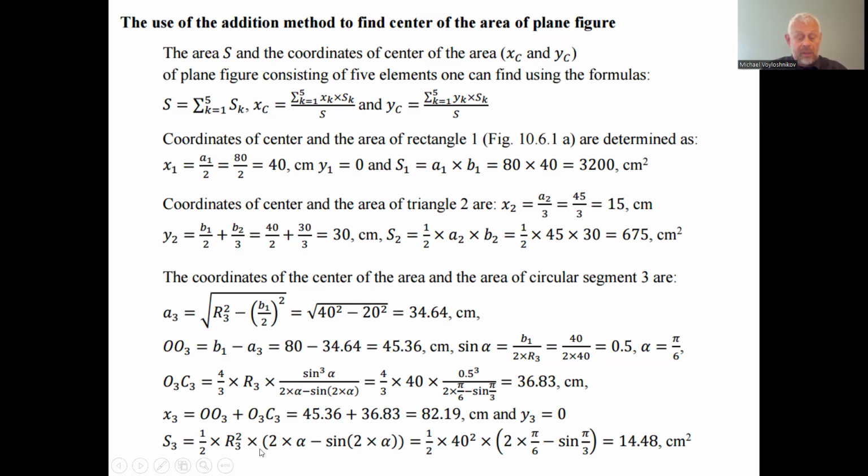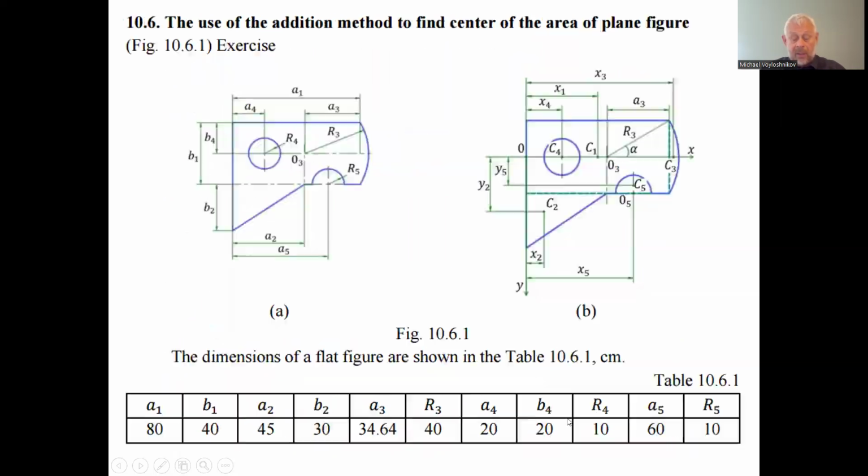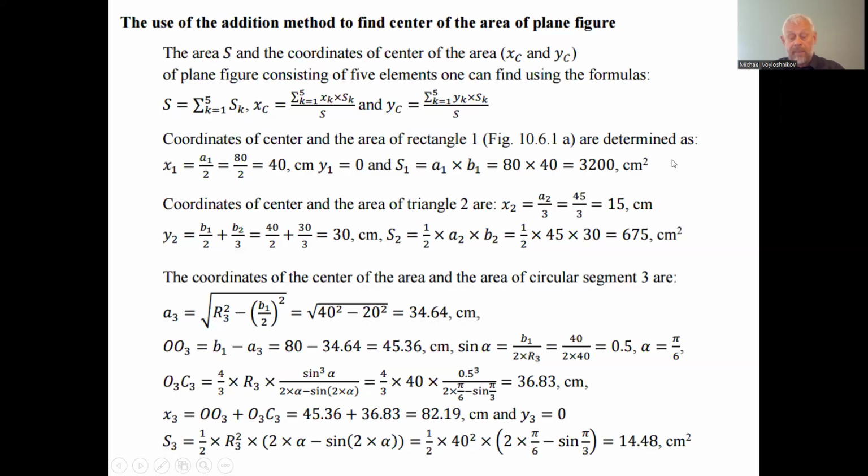So minus, and multiplied by the common factor, and then we can find the area of the segment equal to 14.48 square centimeters. This is the area and the coordinates of the center of the area of this small-sized segment of the circle, the segment indicated by the number 3.